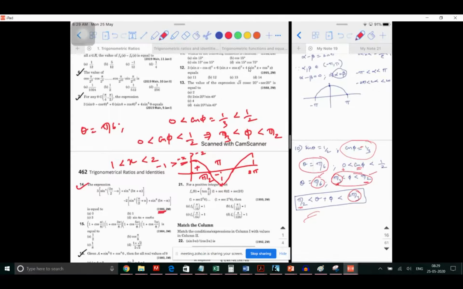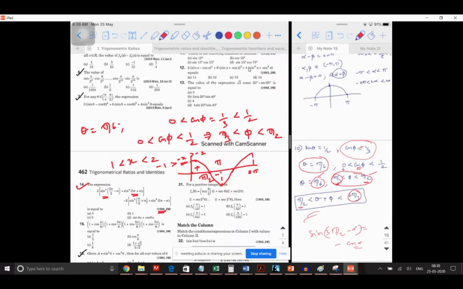Third quadrant, right? Third quadrant means sine 3 pi by 2 minus alpha is going to give you minus cos alpha, right? But since you have a power 4, it is going to be cos power 4 alpha, right? So sine 3 pi plus alpha, now what is going to happen?